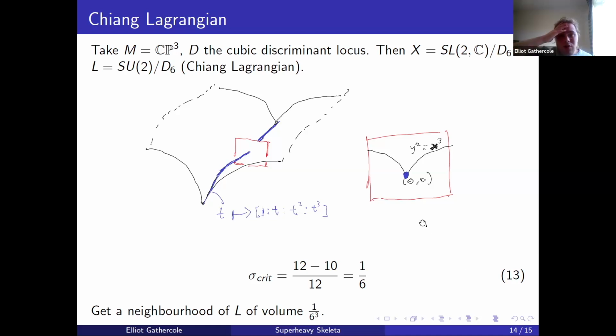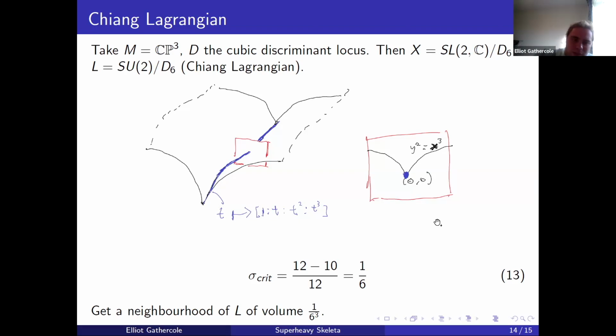So one example where we do not get sigma crit equal to 0, but we get a neighborhood which is super heavy, is if we take our ambient manifold as three-dimensional projective space, and we take our divisor to be the cubic discriminant locus. Then the complement becomes the quotient of SL2, and inside it we have a Lagrangian skeleton, which is the corresponding quotient of SU2, which is known as the Chiang Lagrangian.